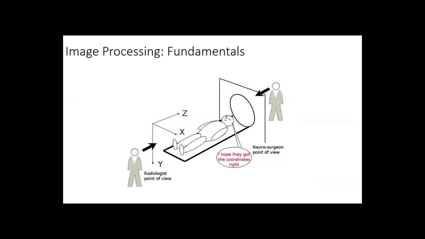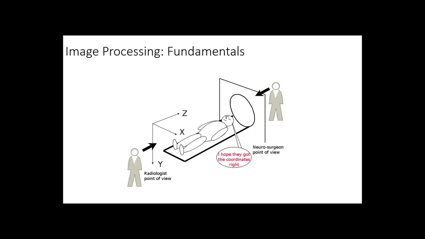Although we have defined the coordinate system, from left to right, from front to back, and then we use the right hand, we can figure out our X, Y, Z, but it's still not enough. Let's say someone is taking the MR scan, and this is the physician or radiologist.